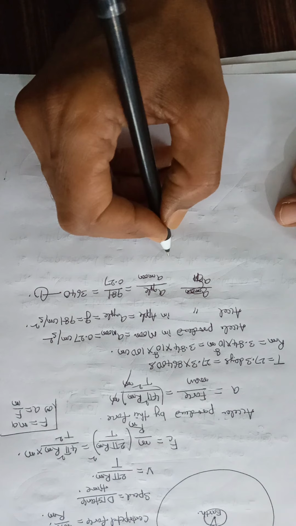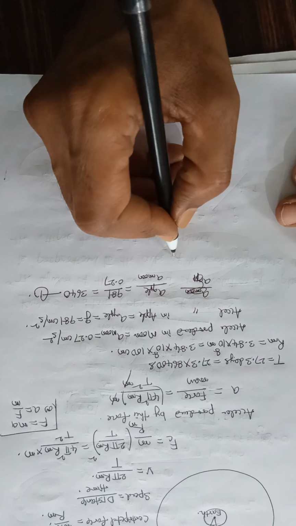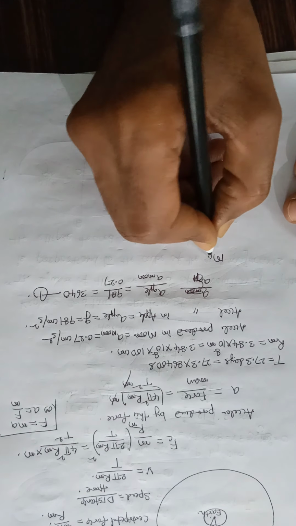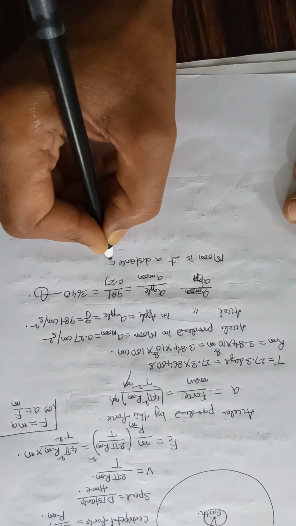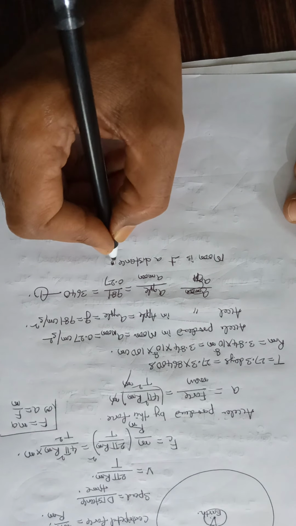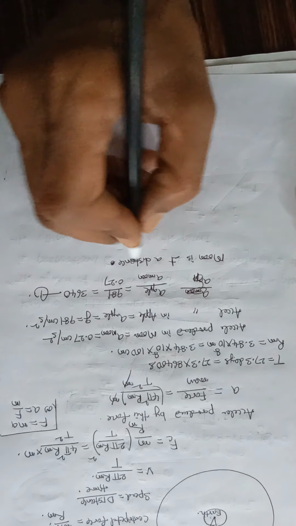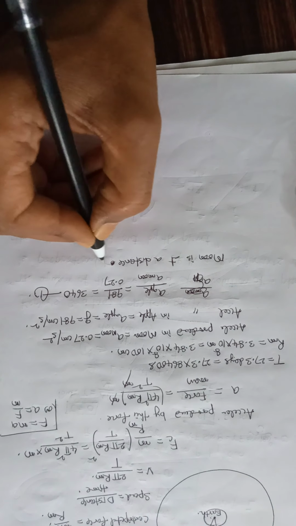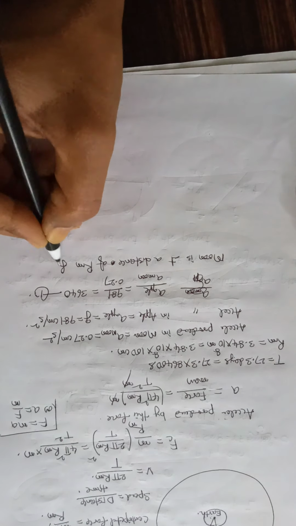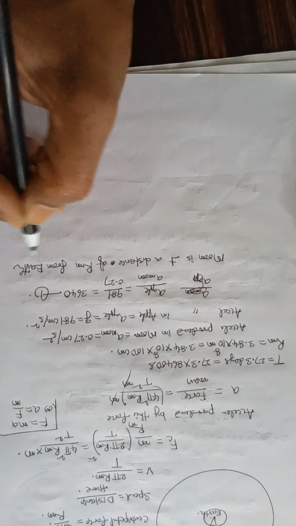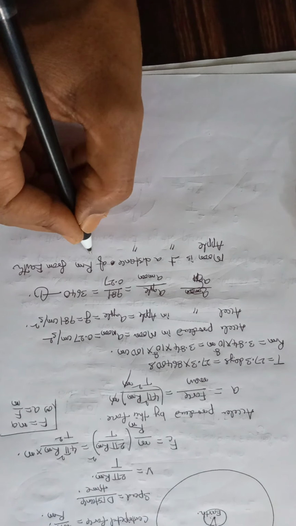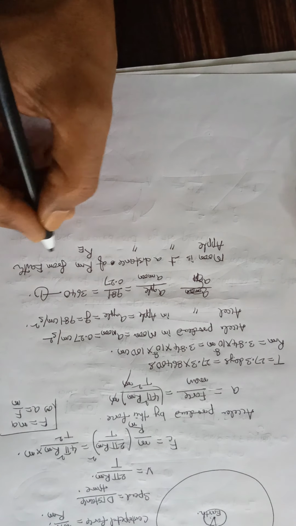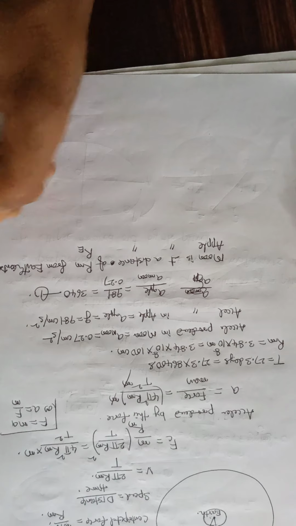Now see, the moon is at a distance of Rm from Earth.